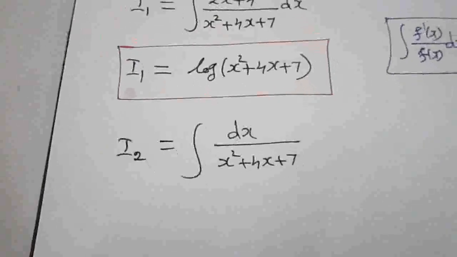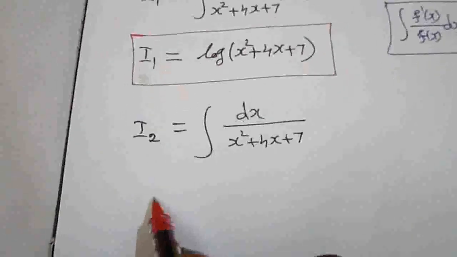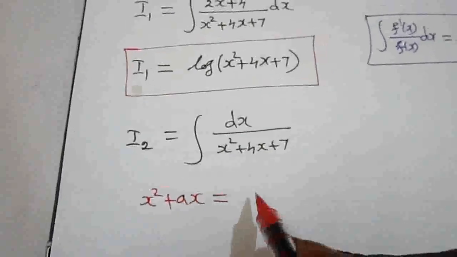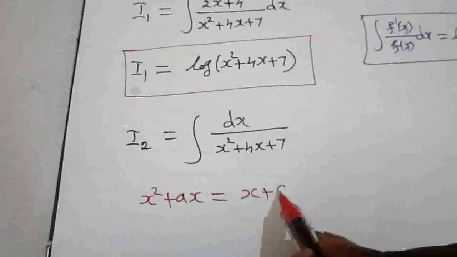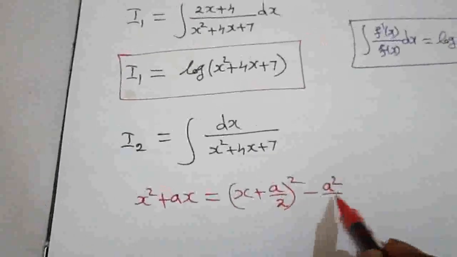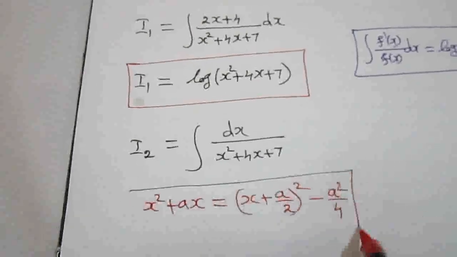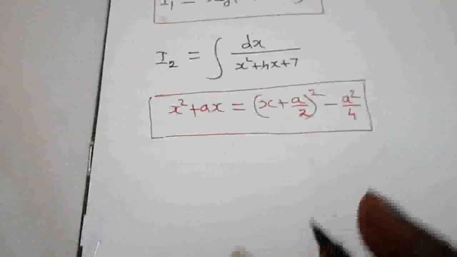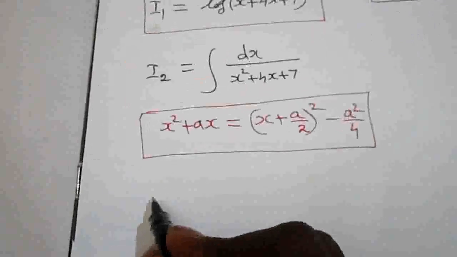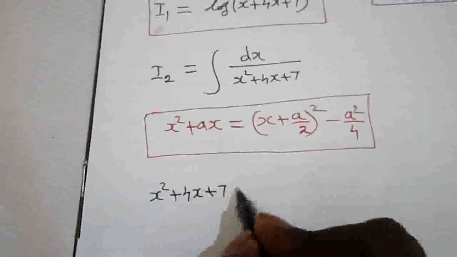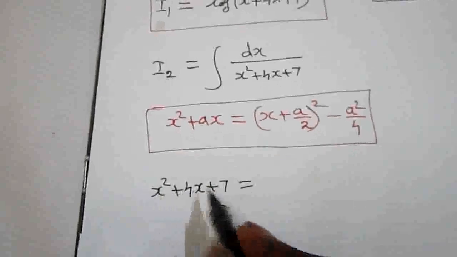So by using the perfect square method, I want to use the formula for x square plus ax. What is the formula for x square plus ax? (x plus a by 2) the whole square minus a square by 4. So I am going to use this formula here, where the denominator x square plus 4x plus 7 is of the form x square plus ax.